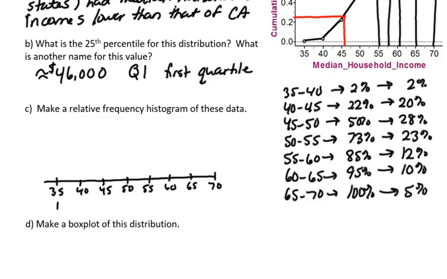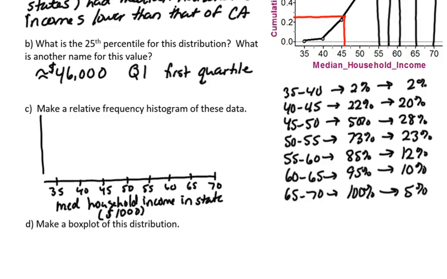I will label this as median household income in the state, and it's measured in thousands of dollars. So when you see 50, it represents $50,000.